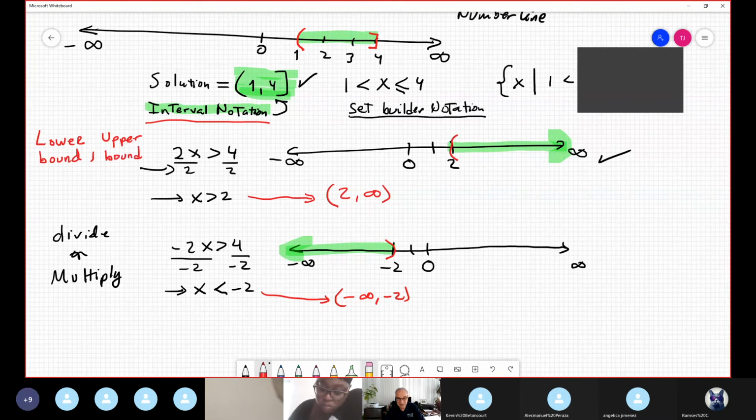Because it is a little bit silly to write like that, negative 2 comma negative infinity. No good. You copy the symbol or number that appears on the left, comma, the symbol or number on the right, which is the upper. Okay, makes sense?